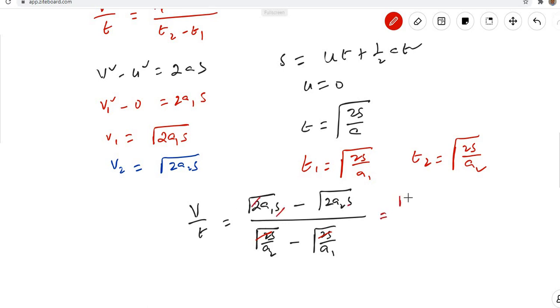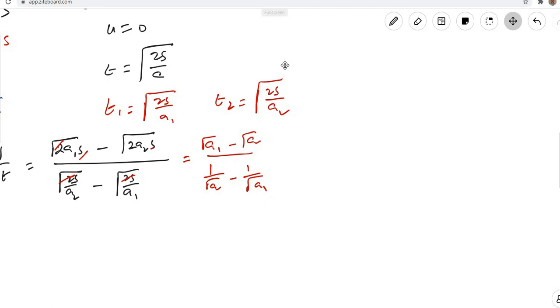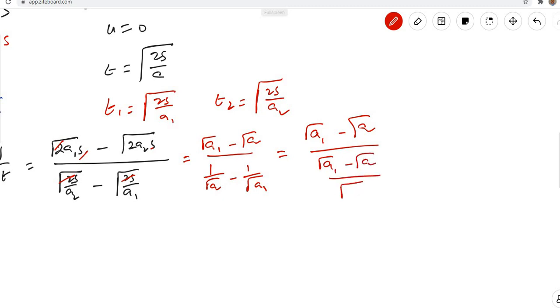So I am left with (root a1 minus root a2) by (1 by root a2 minus 1 by root a1). Now the only thing is we need to simplify that. If I take LCM for this one, this is equal to root a1 minus root a2, and taking the LCM, it is (root a1 minus root a2) by root over a1 a2.